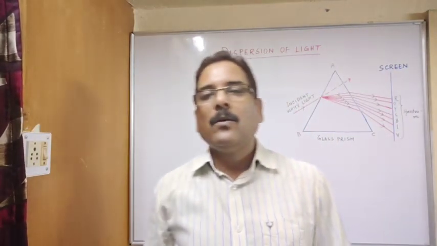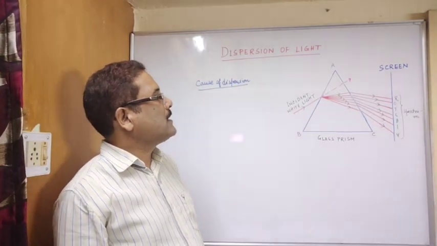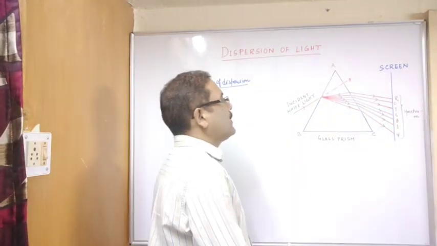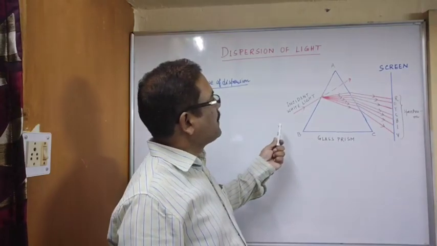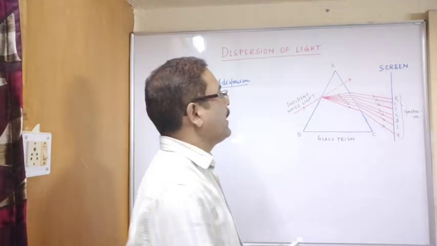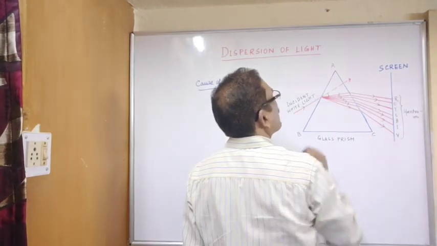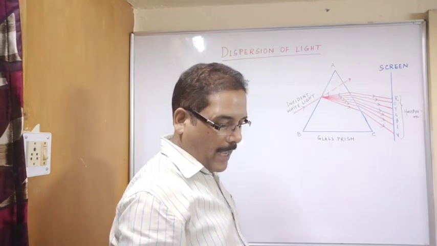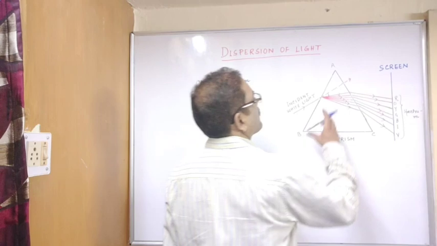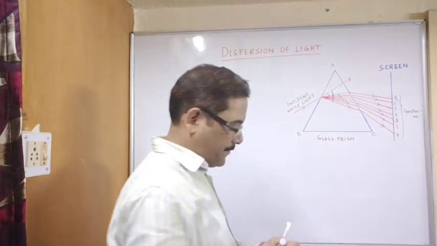Then when you look at the diagram, you will find that deviation is minimum for red, isn't it? Deviation means if you extend the path of the incident white light or the incident ray, then you will find that this angle for red is minimum and it is maximum for violet color.